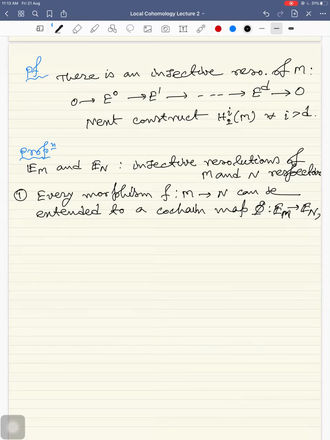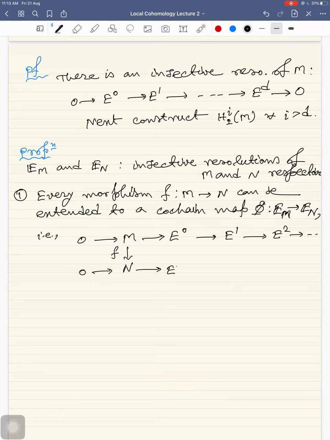So what I mean by cohomology map, in terms of a diagram, I should write here. You consider M, and here you have N. From M to N you have this morphism f, and here I will write the injective resolution of M, that is EM, let us say E0 goes to E1 goes to E2, and so on. And here you have E prime 0, E prime 1, E prime 2, and so on.